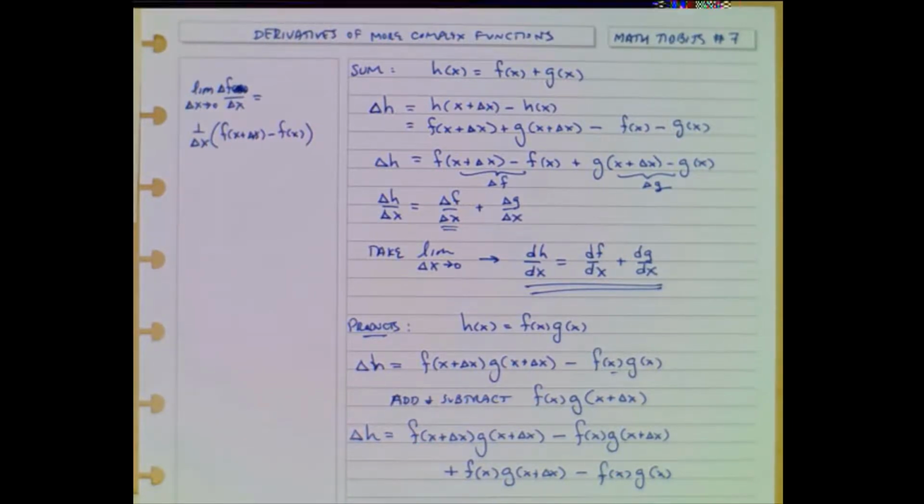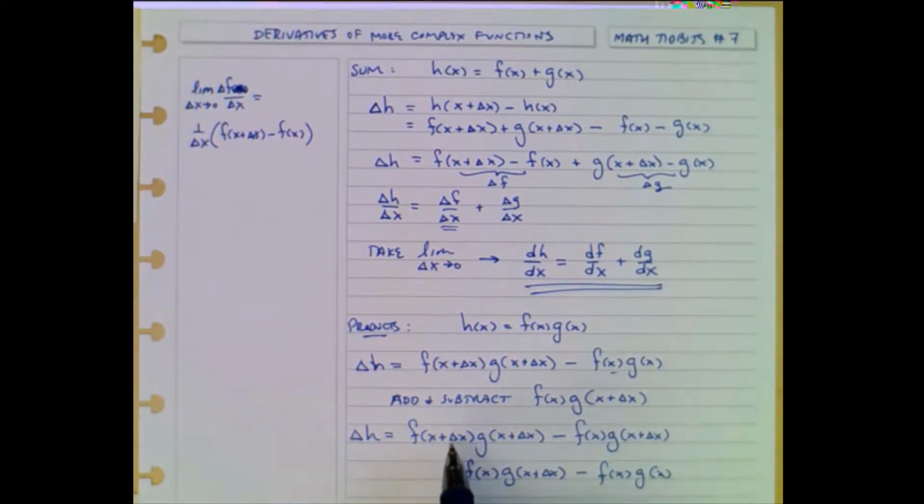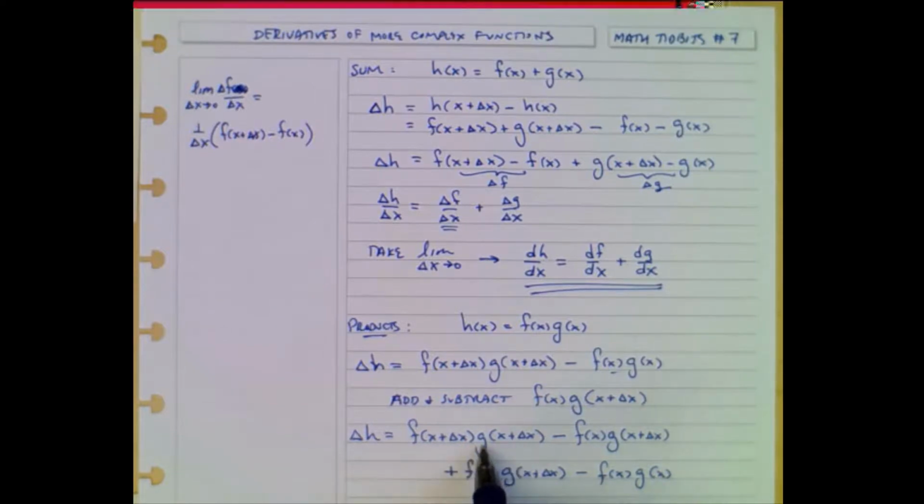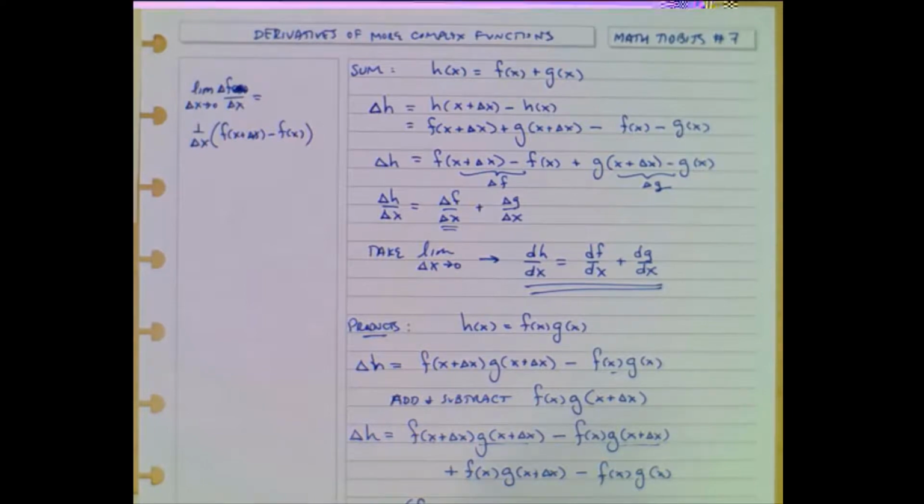Now, if you look closely here, I have some simplification I can make. Namely, I have here g of x plus delta x, and I can factor that out, leaving behind f of x plus delta x minus f of x, that multiplied by g of x plus delta x.